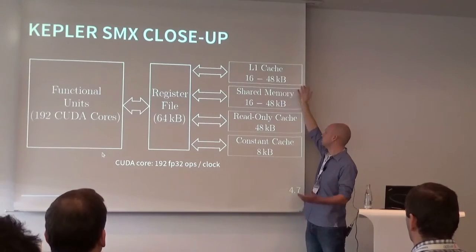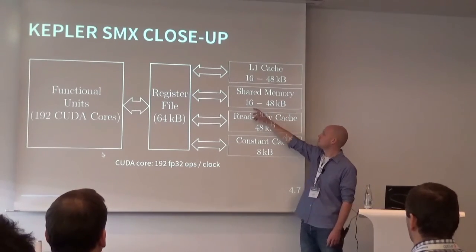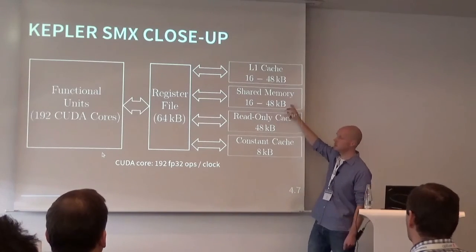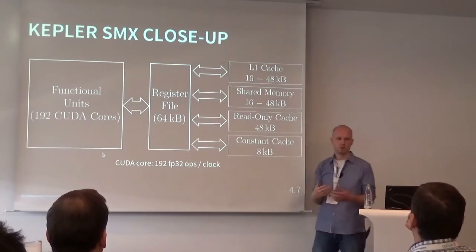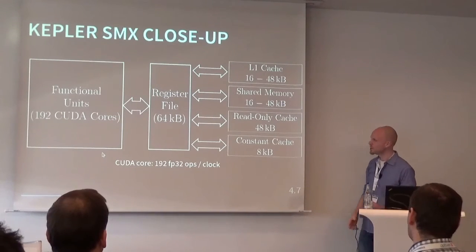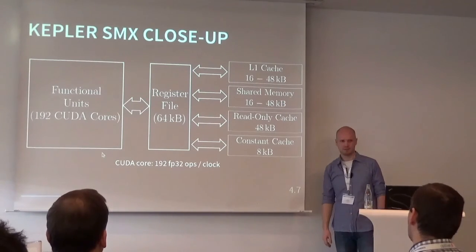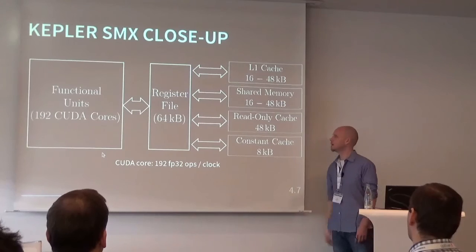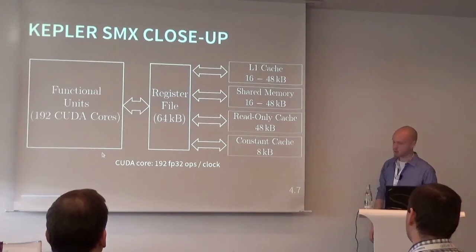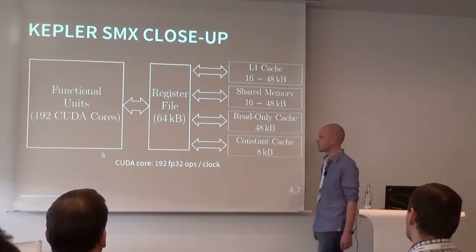Level 1 cache is level 1 cache. One thing I would like to point out is this shared memory, which is there to synchronize and communicate between individual threads. Okay, and there are other memory portions that might be useful to your program.